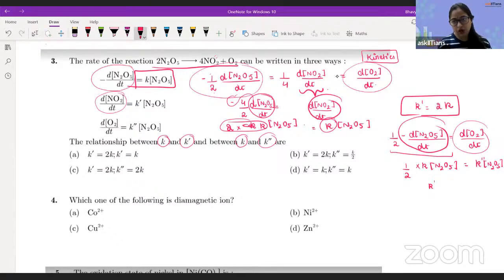So from here, on comparison, I'll get that K double dash is K by 2. I have got two relations, and I think B will be the answer. Right? Does it make sense?